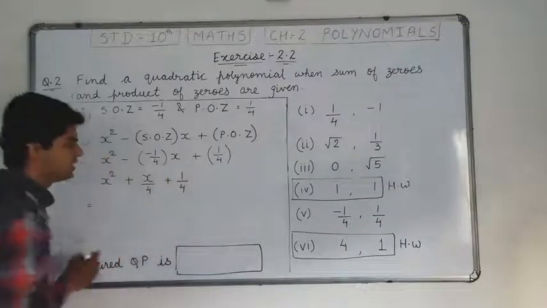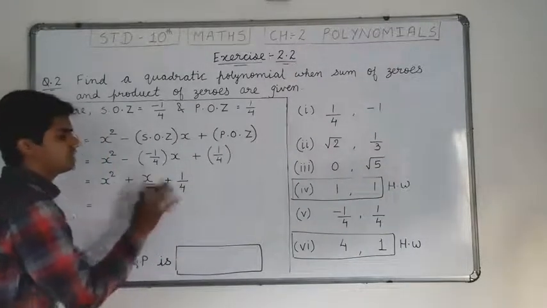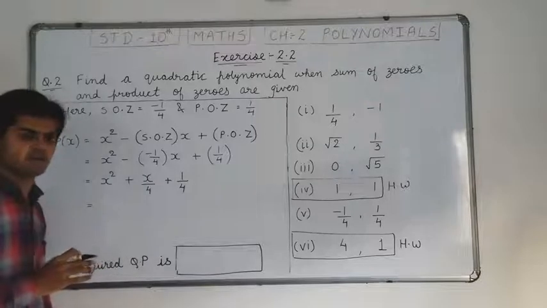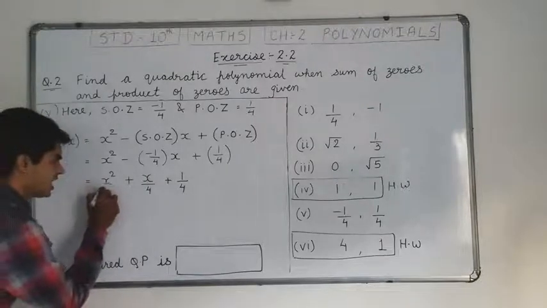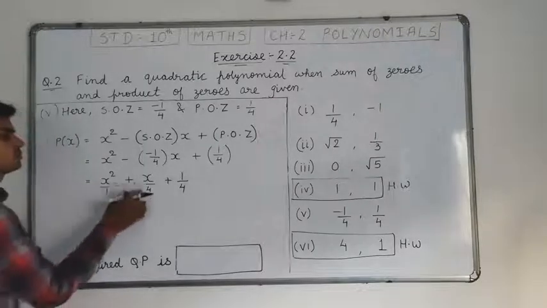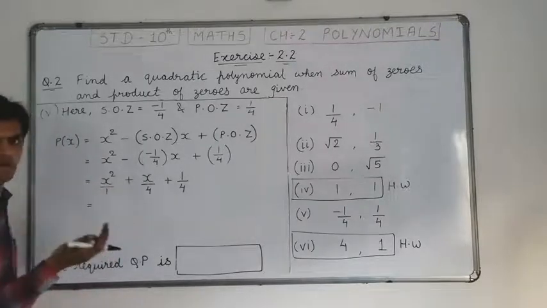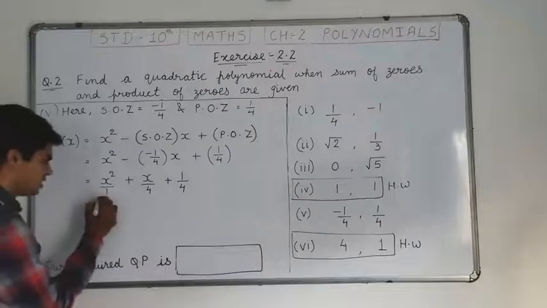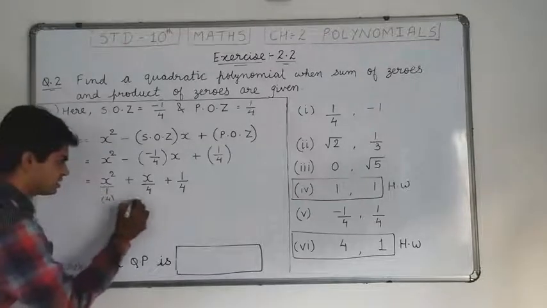Now you know that only if there is anything in the denominator, we will take the LCM. So let us start taking the LCM. What will be the LCM of 4, 4 and 1? 4. So 4 will be our LCM.